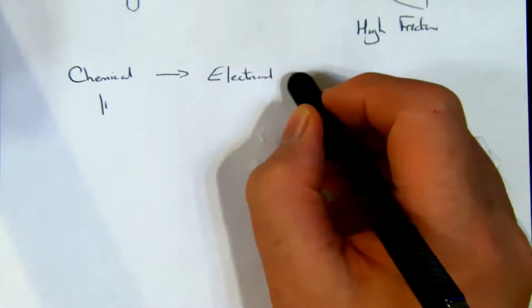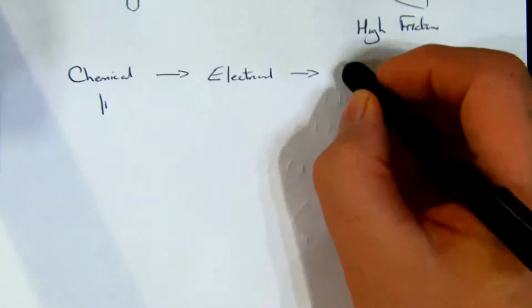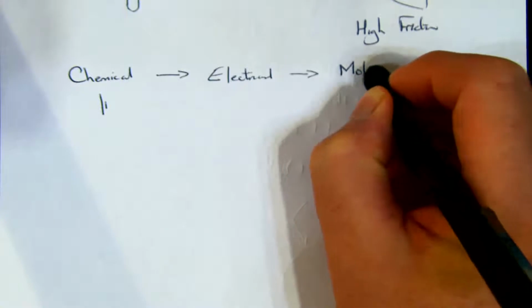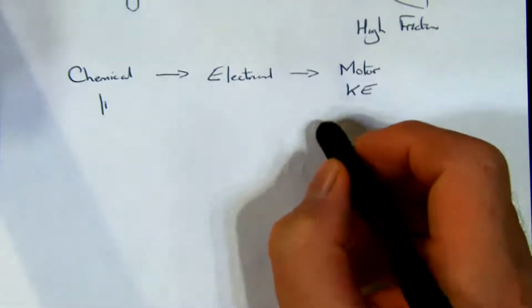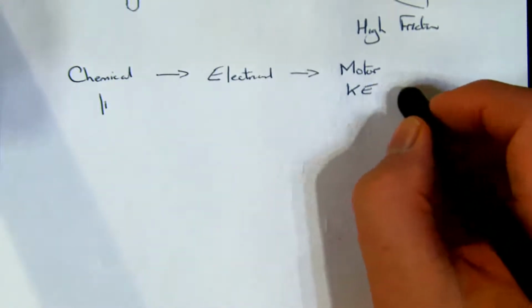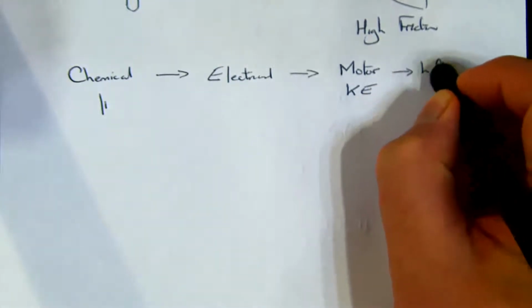And this energy that's electrical can then be maybe used in something like a motor. And that's going to make kinetic energy. And this can be used to perhaps lift a mass.